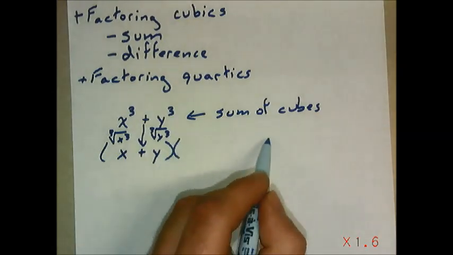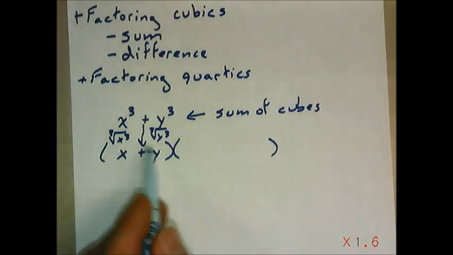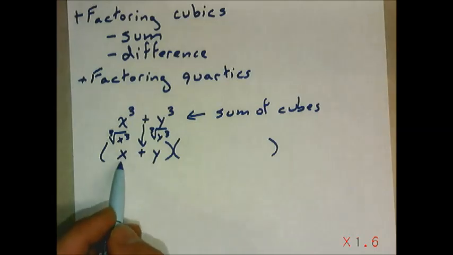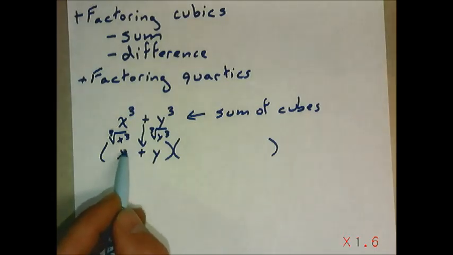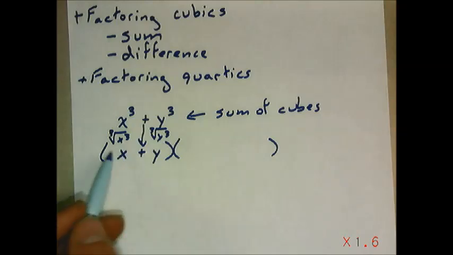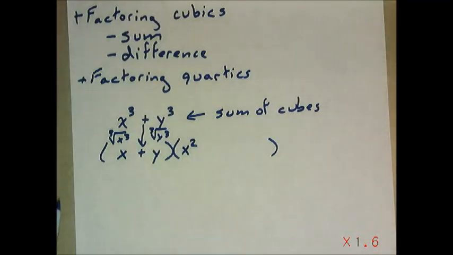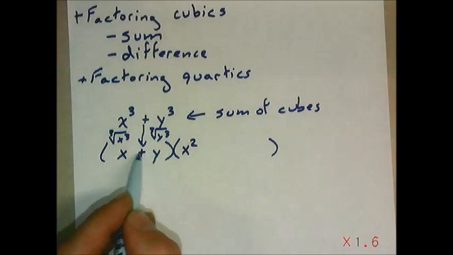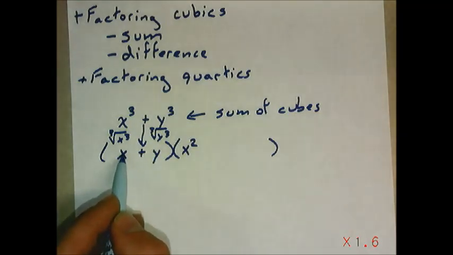Our second quantity is going to be based off of this first quantity. We're going to begin by squaring this first term, or multiplying it by itself. So if we take x times x, we get x squared. We're going to multiply the two terms together and change their sign.